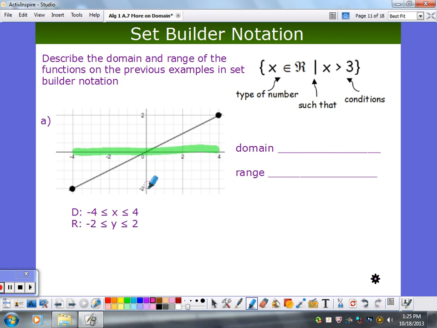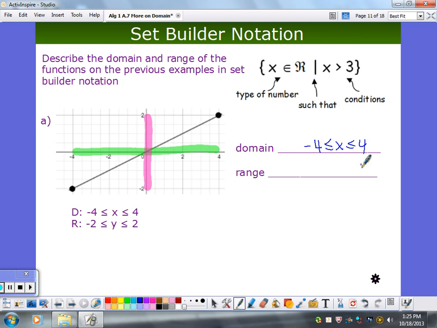And then this is the range. Where do I see stuff for the Y's? So before, we said, well, the domain is -4 less than or equal to X, less than 4. Do we still remember why that's true? Why that's our domain? What are my valid inputs? Everything between and also including the ends, -4 to 4.